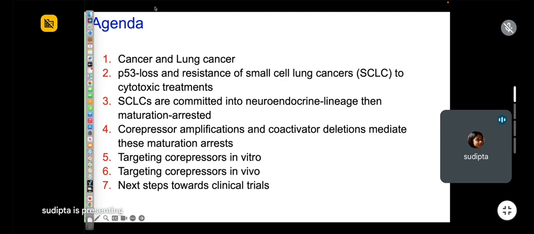After that, I will show that if we target the co-repressor, which is amplified in cancer, in vitro and in vivo, we can fix this problem, the cancerous proliferation, and make those cells differentiate as they were destined to. And the next step: because my current mentor is a physician, he is taking all these findings to clinical trial.